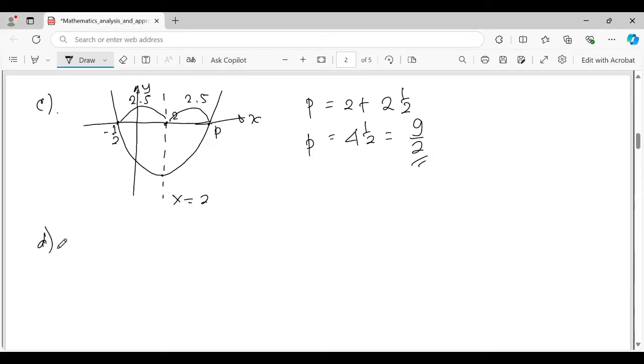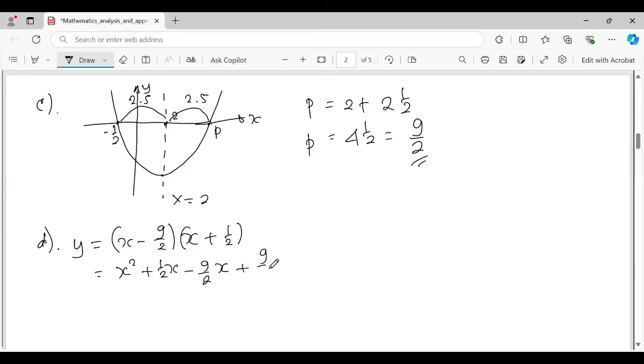So we can create this function: (x minus 9 half) multiplied by (x plus half). It becomes x squared plus half x minus 9 half x minus 9 over 4.